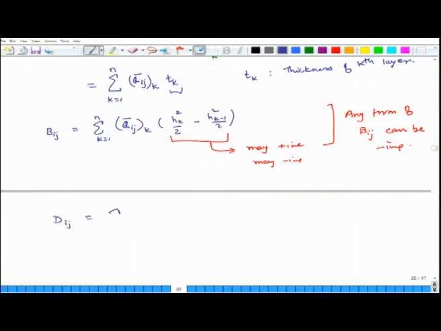So, Dij is the sum from k equal to 1 to n of Qij, of course there is a bar, for the kth layer times hk cube by 3 minus hk minus 1 cube by 3. Now, this number is always positive.